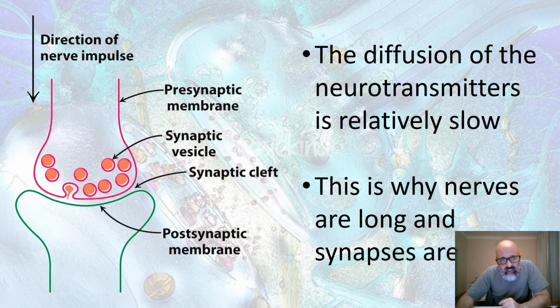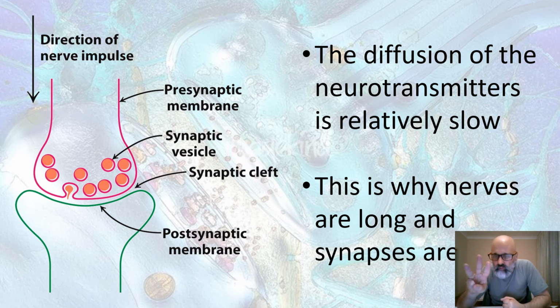The thing is, this is really, really fast. Electricity travels fast. Diffusion is a relatively slow process. And that's why, if you think back to our reflex arc, it only involved 3 nerve cells. It involves the sensory nerve cell, it involves the relay neuron, and of course, finally, the motor neuron.